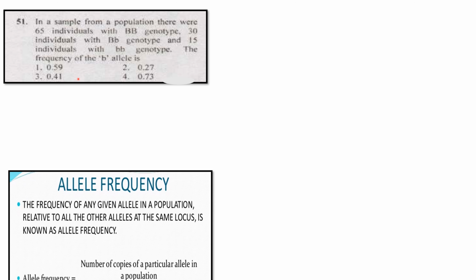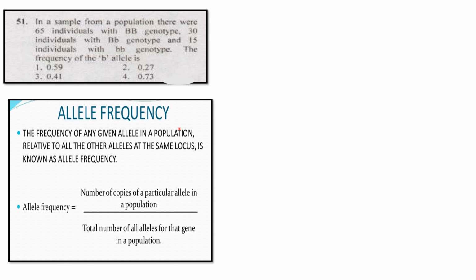Before going to answer, we want to know what allele frequency is. The frequency of any given allele in a population relative to all other alleles at the same locus is known as the allele frequency. If 100 genotypes are there, how much of the entire set is one particular allele? That is the definition of allele frequency.